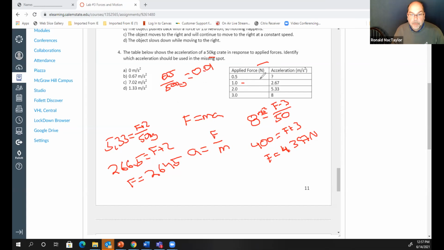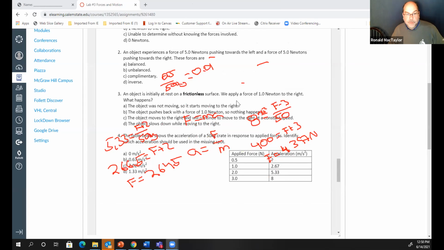If there's some baseline force, it's not clear to me what that baseline force is. Let me scroll up a little bit. Am I missing something?